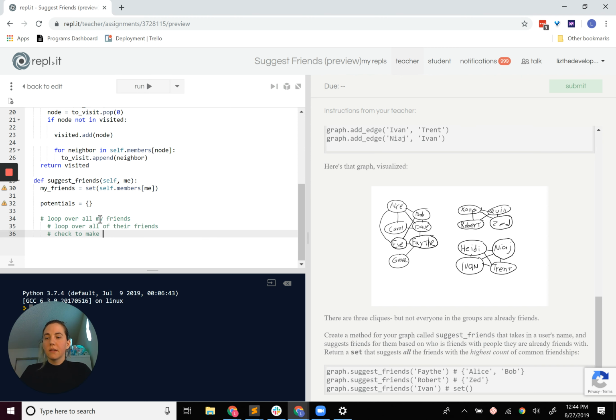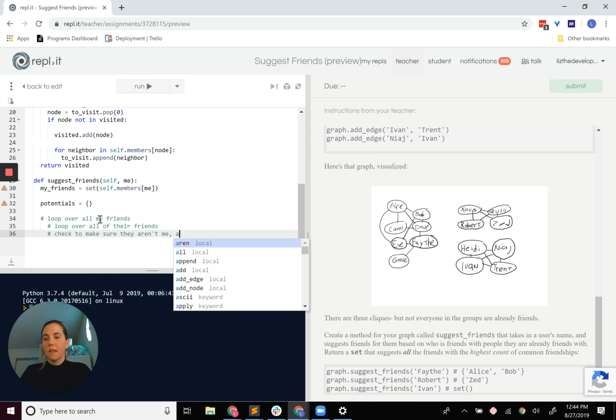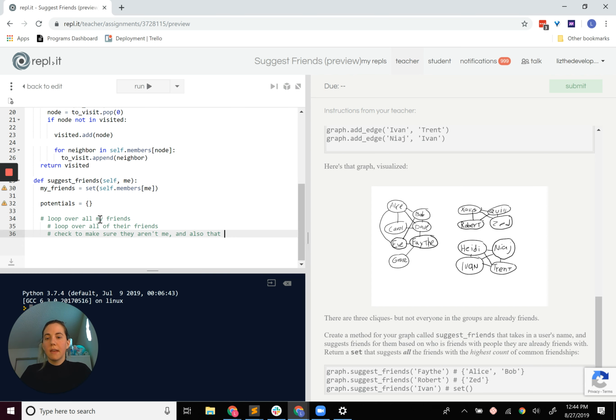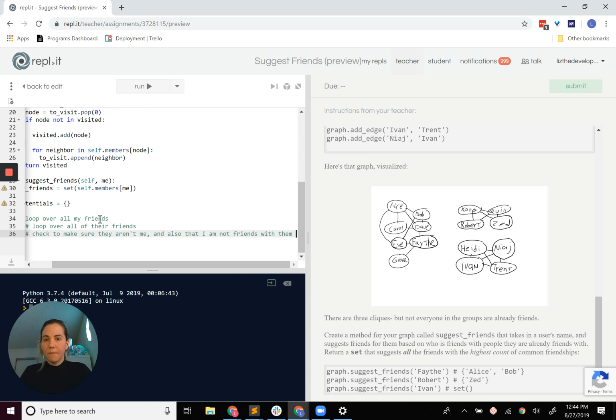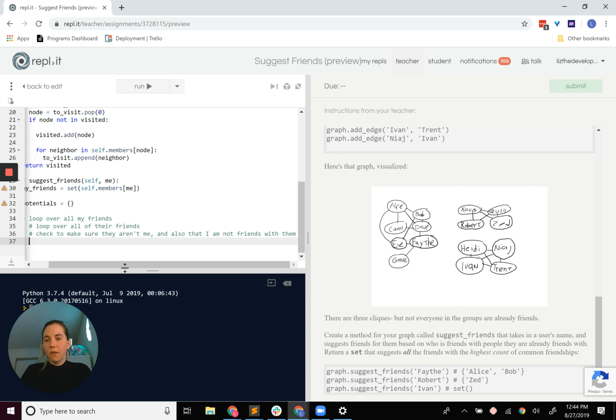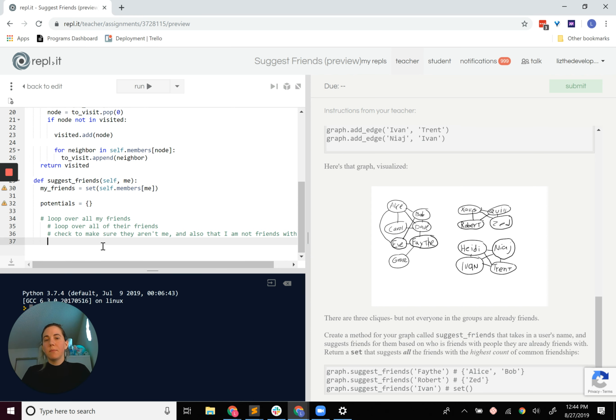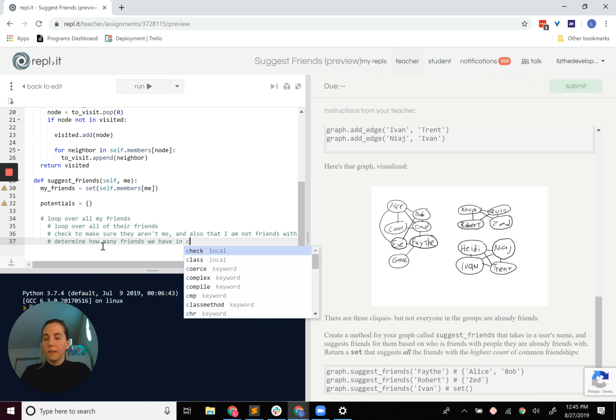Check to make sure they aren't me, and also that I am not friends with them. So I don't want to include people who are already my friends, and I don't want to include myself in this. And then what I want to do is determine how many friends we have in common.